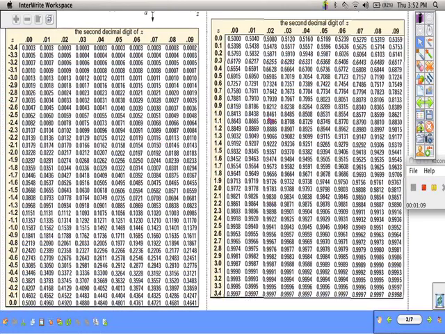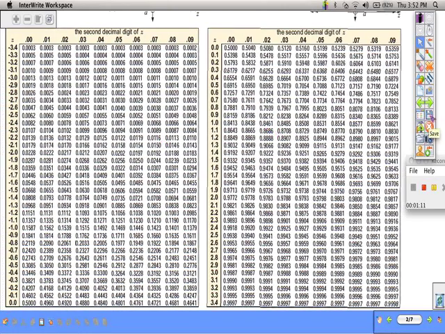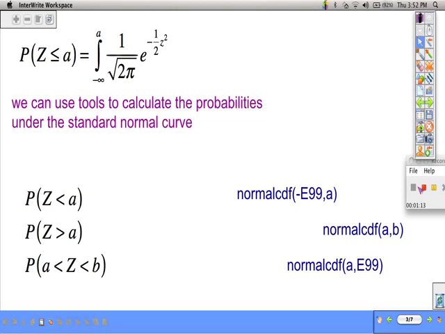The other way we have to deal with these is, well, we could use calculus and take this integral, but it's not real pretty. But the calculator can do this for us too using the normal CDF.